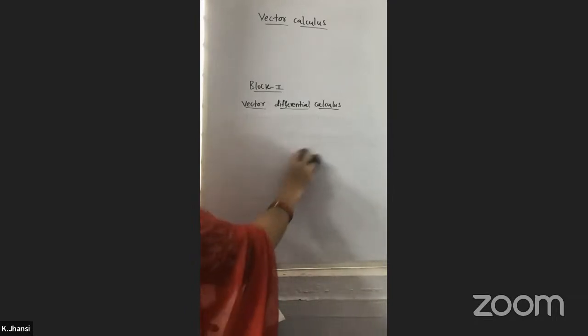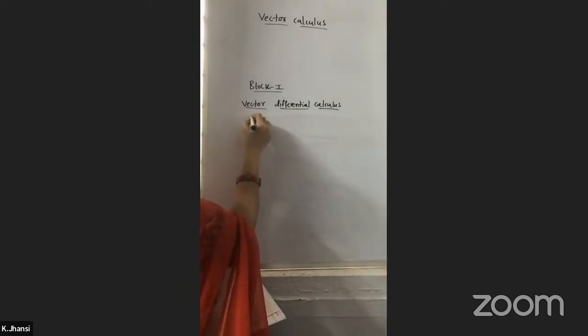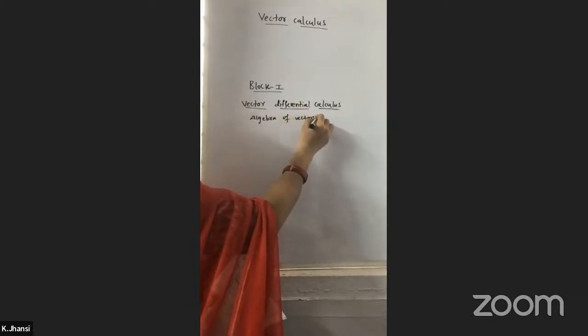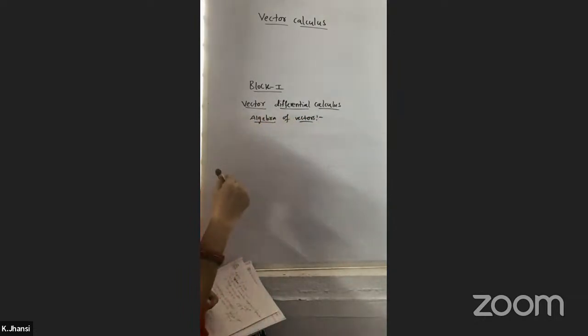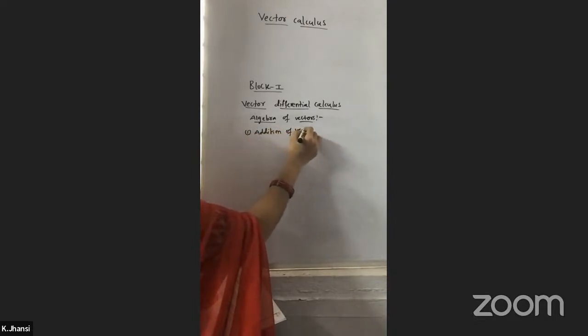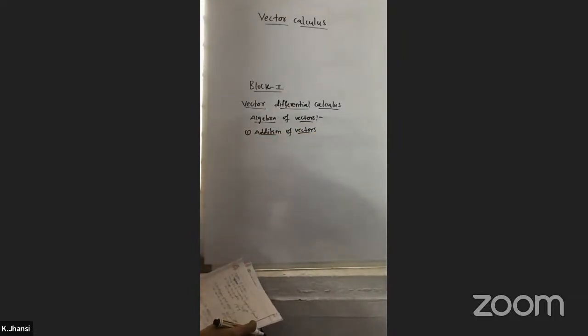So what is the addition of vectors? If two vectors are there, A is one vector and B is another vector, what is the addition of those two vectors?